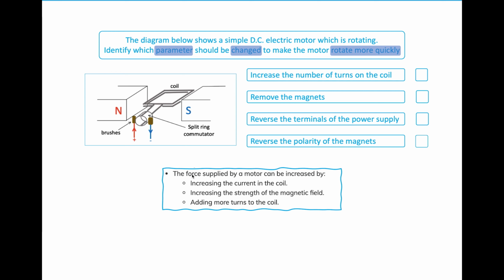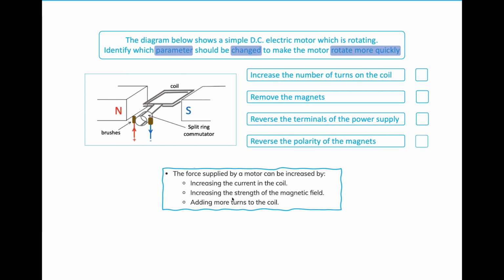That can be increased by increasing the current in the coil, in other words, just putting more current through from the power supply. Increasing the strength of the magnetic fields, so just using bigger magnets or magnets made of different materials that perhaps have a stronger magnetic field, or by adding more turns to the coil.